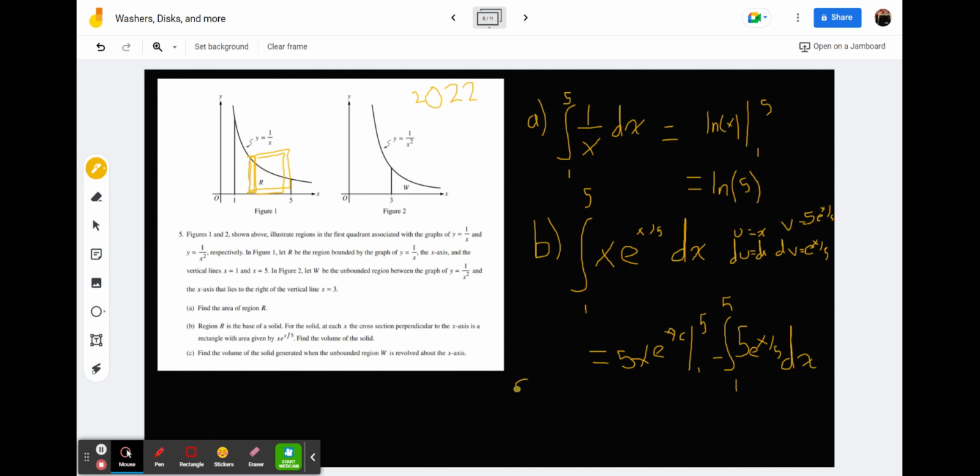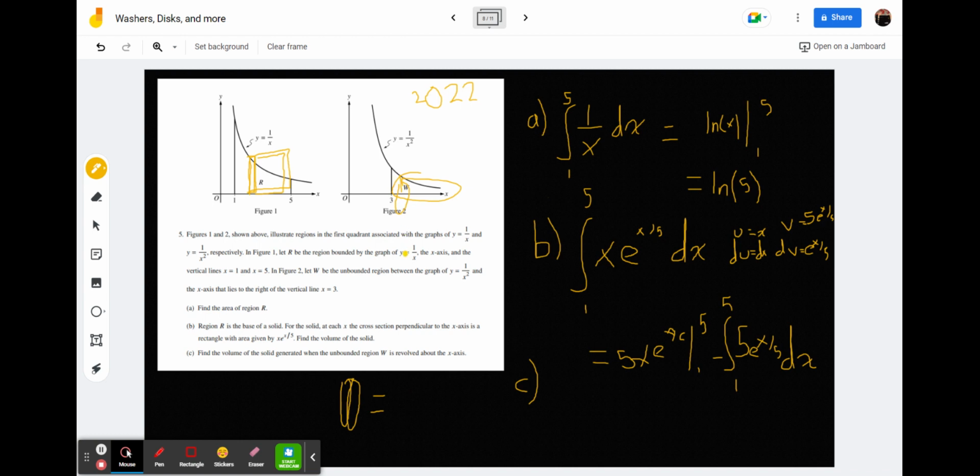And then C, find the volume of the solid generated when this unbounded region W is revolved around the x-axis. So what does that mean? We want to rotate it around the x-axis, which means we can use our disk technique to form these little cylinders. The volume of each disk is going to be pi r squared h.